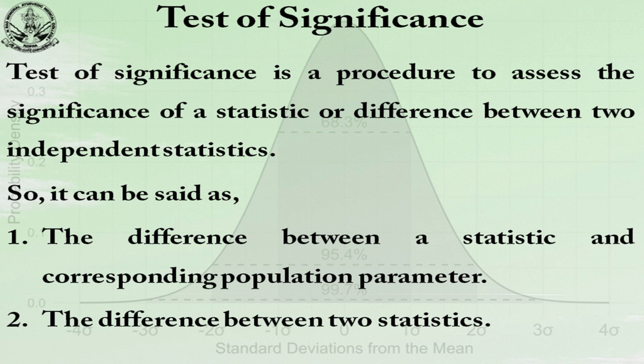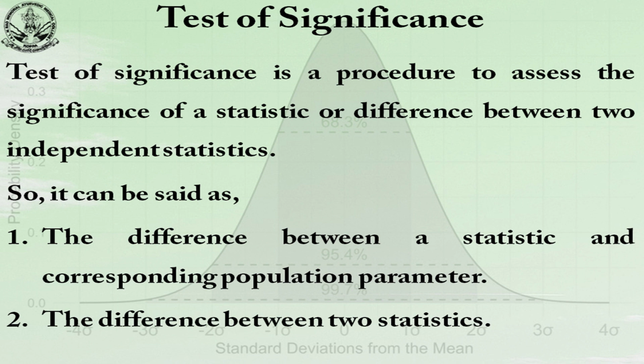From the knowledge of sampling distribution, it is possible to find the probability that a sample statistic would be similar to a hypothetical value or not. This is exactly the question of significance. To find out the answer, a test of significance is done.